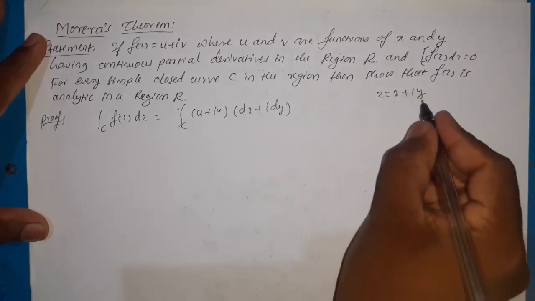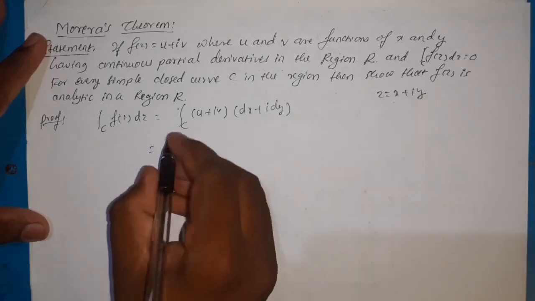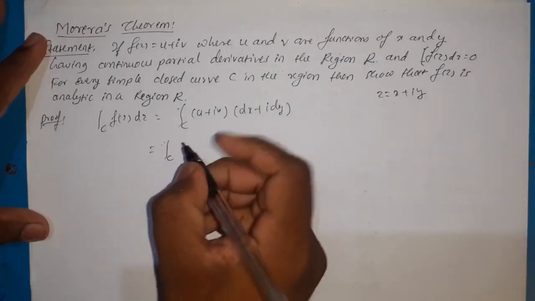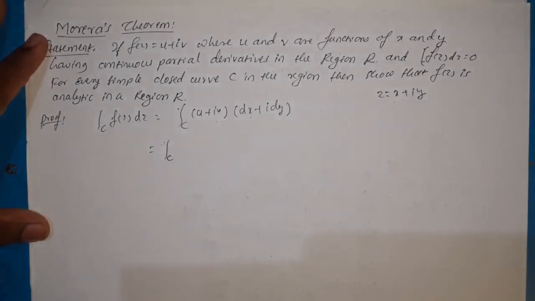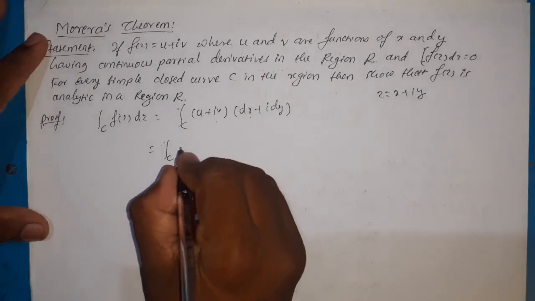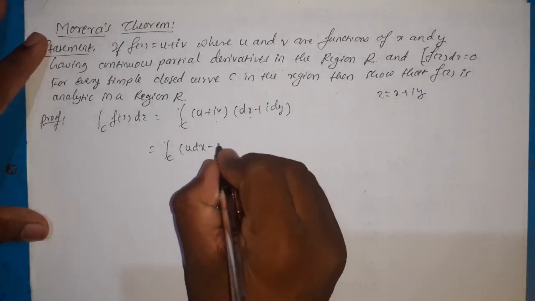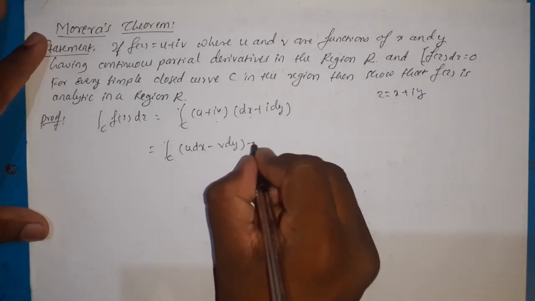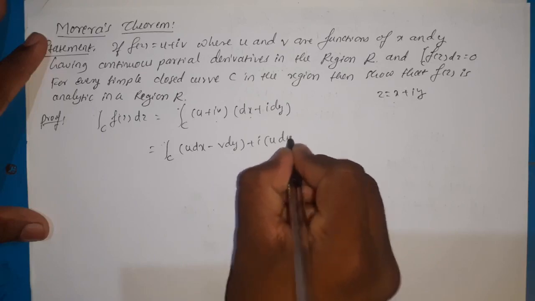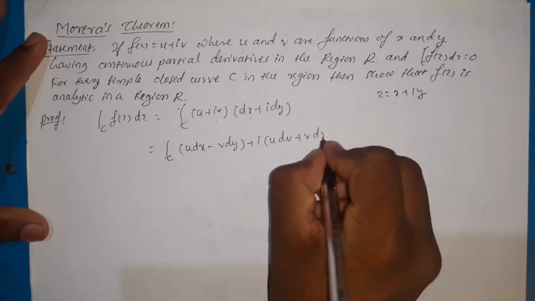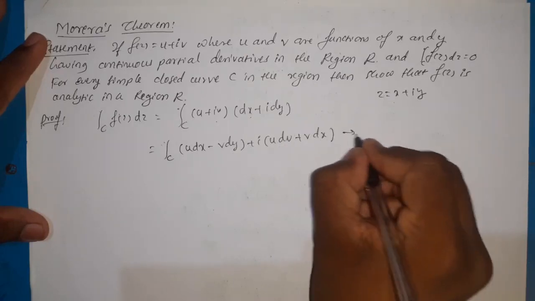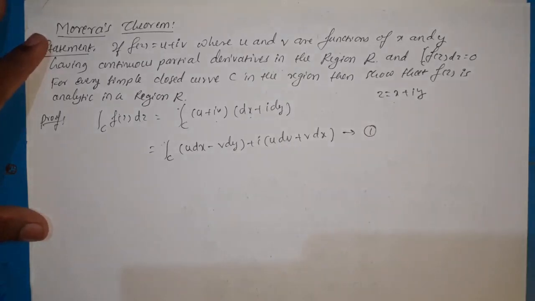Now multiplying these two and separating the real and imaginary parts, we get integration over C of u dx minus v dy plus i into u dy plus v dx, and consider this as first equation.